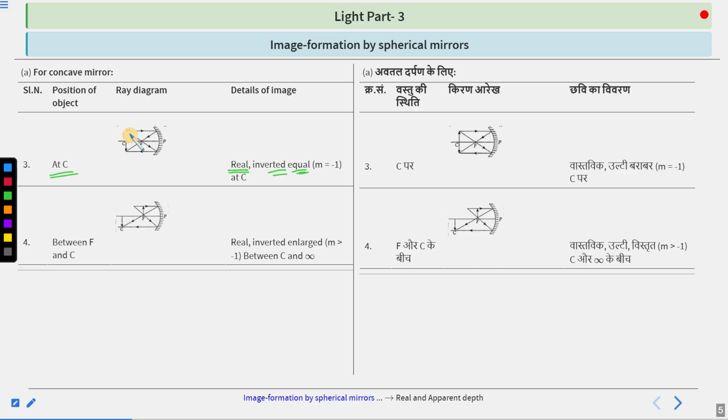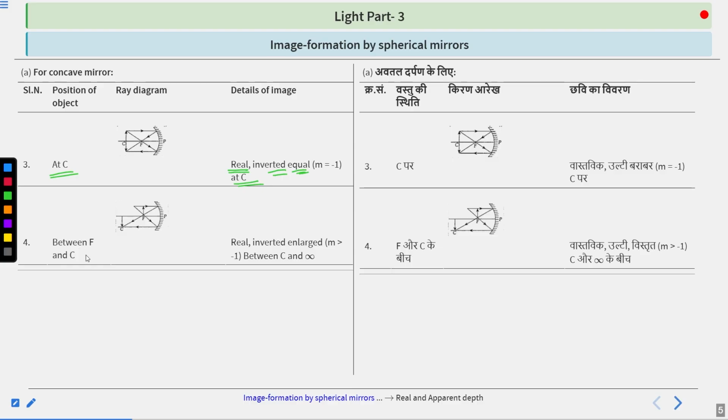Here, if you look, you will find the height of the object is the same as the height of the image. We could say the size of the object is the same as the size of the image. That's why we are saying it is equal. M equals -1. And the image will be formed at C. Got it?